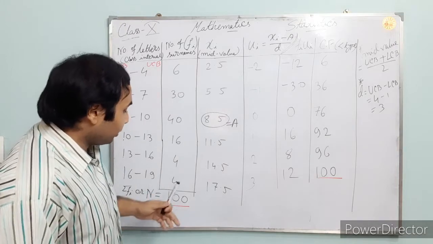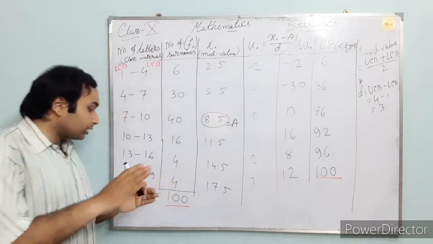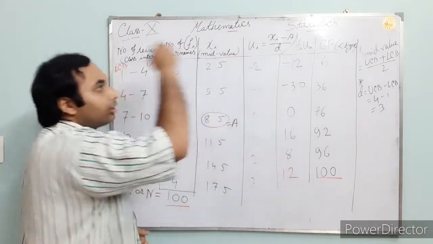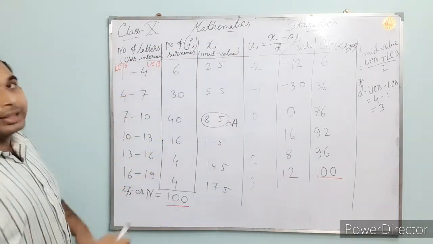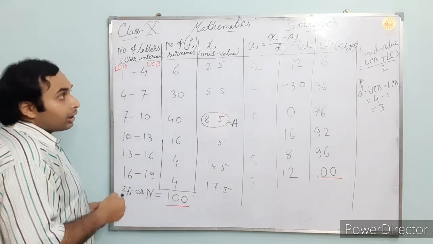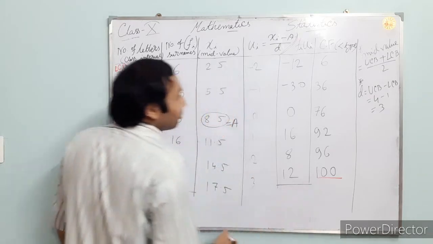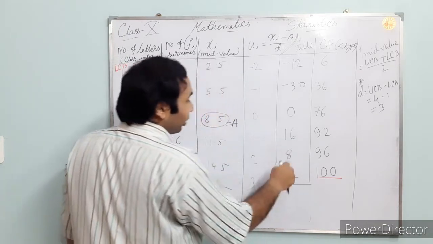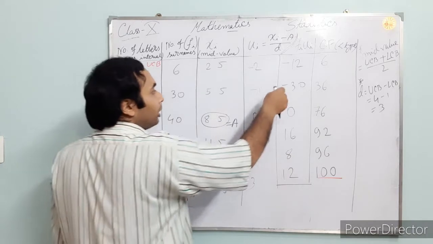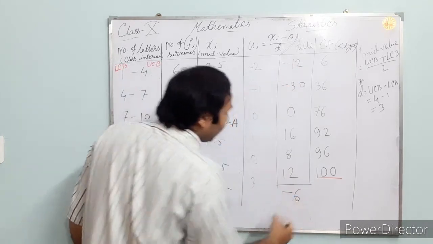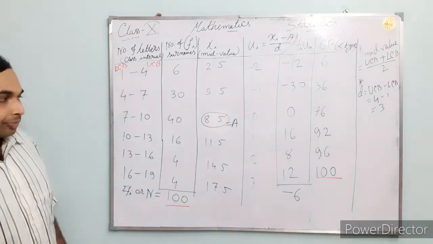That is the condition, because we are adding corner-wise there and adding straight here. So those will be equal. And another one, you have to add the summation Fi Ui. So here the plus portion is 24, 36 it is coming, and here it is coming minus 42. So overall it will come minus 6.